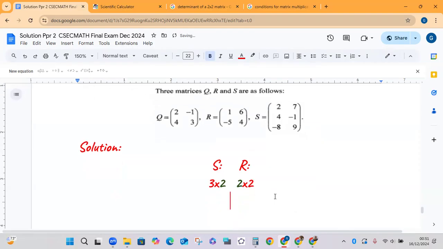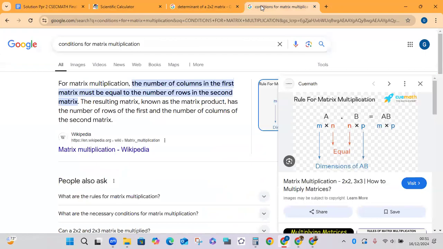Now, what is the product? Let's look at the conditions. It says the resulting matrix, known as the matrix product. When you multiply, you get a product in mathematics.